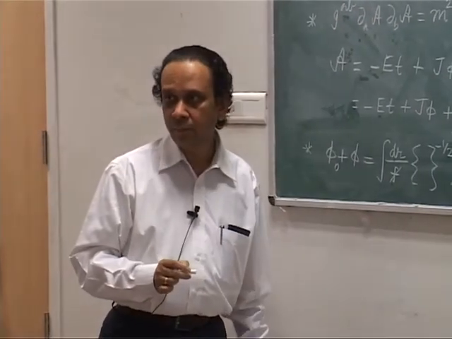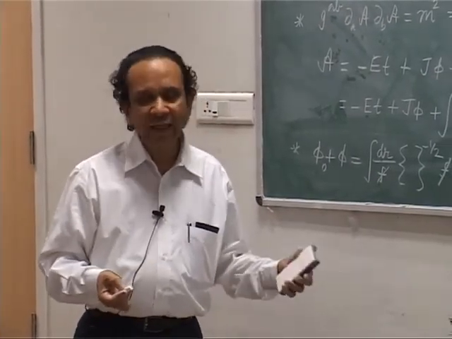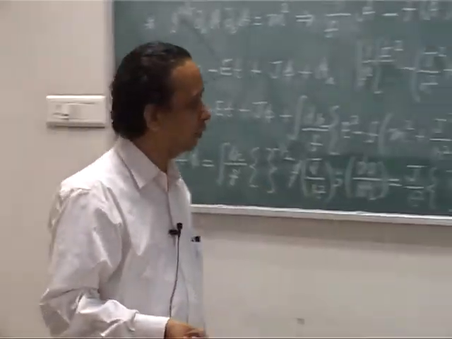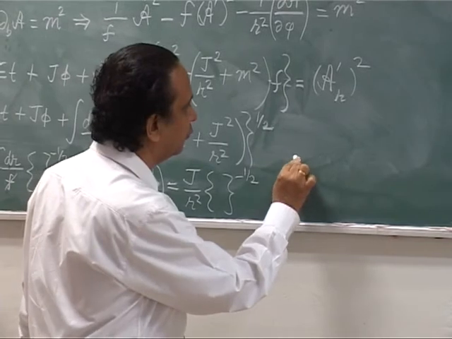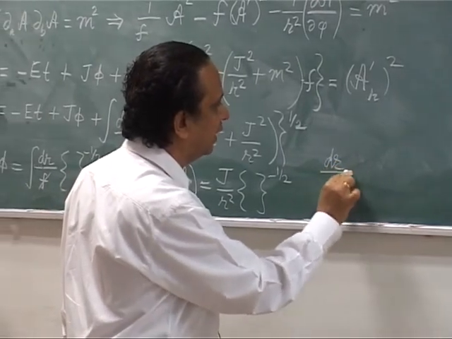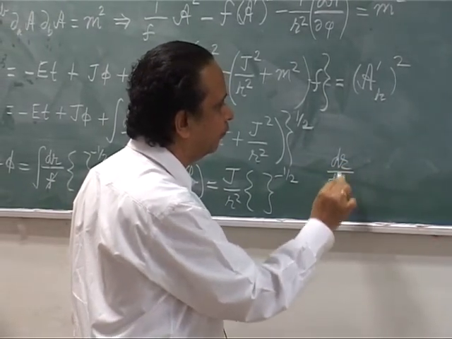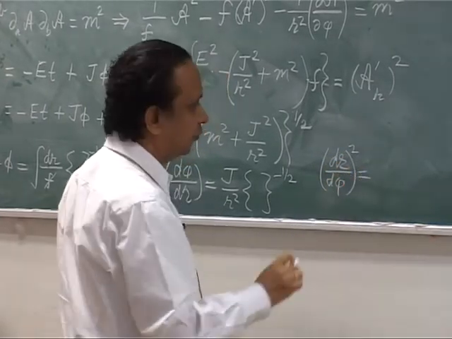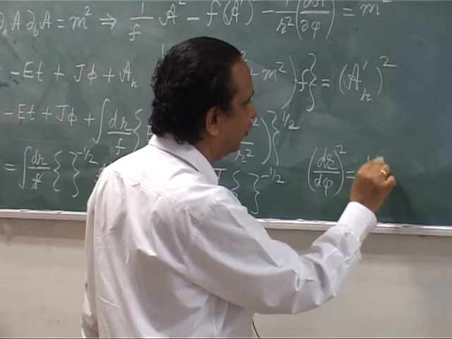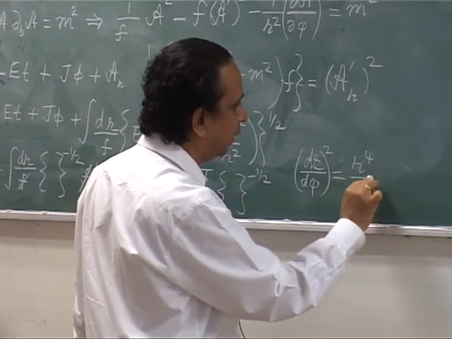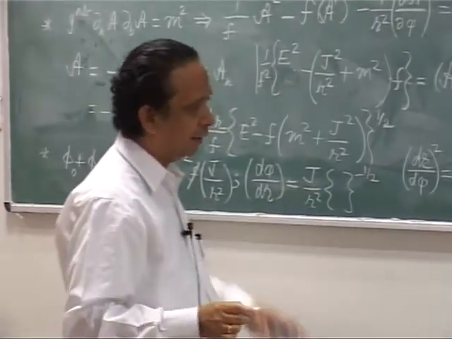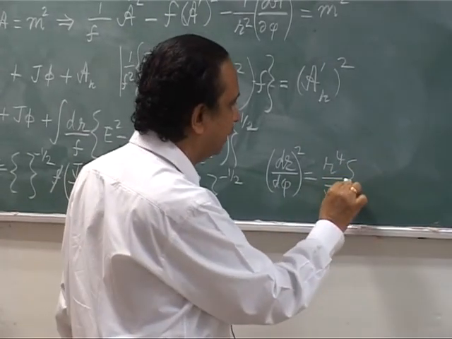And again one would like to get dr by d phi because you want r as a function of phi. So you have to do an inversion and then you have to square. So you get dr by d phi the whole square, which will turn out to be r to the 4 upon j square and the curly bracket.